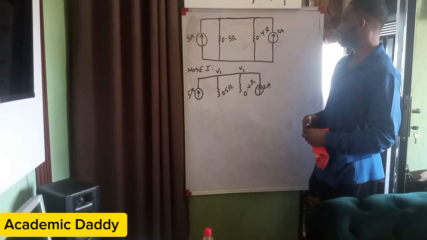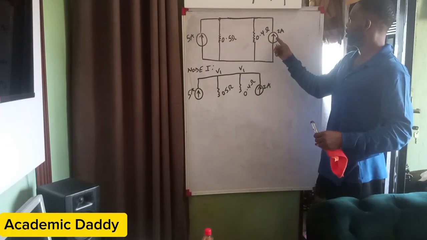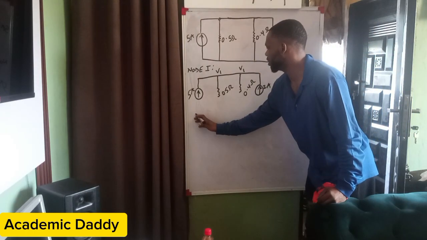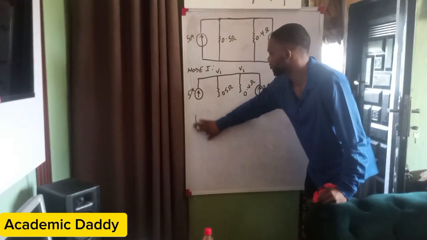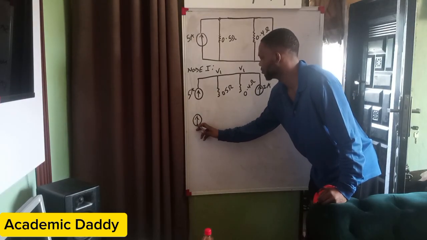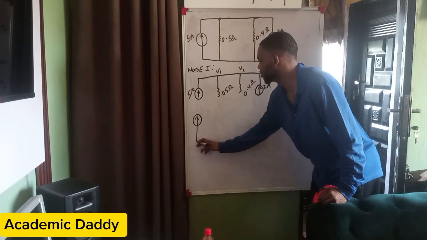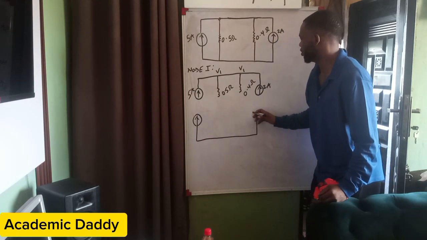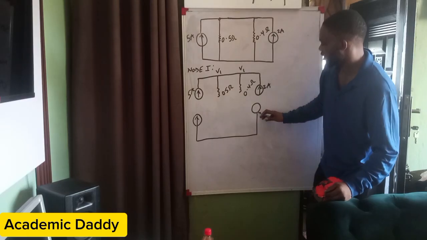So now let's analyze node 2. If you come down and look at this, you see that on this end I'm having something like this, starting with the same source. I'm having something down here that looks like what is up, just that this one is downwards.